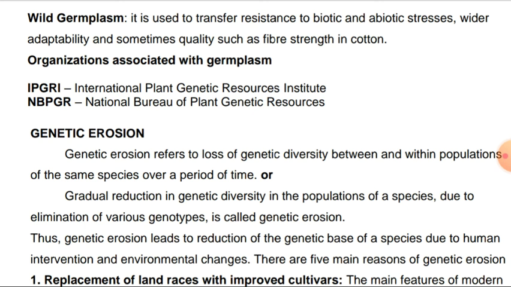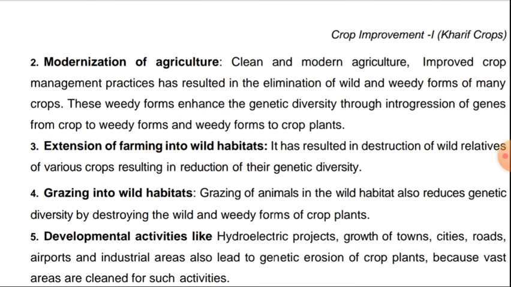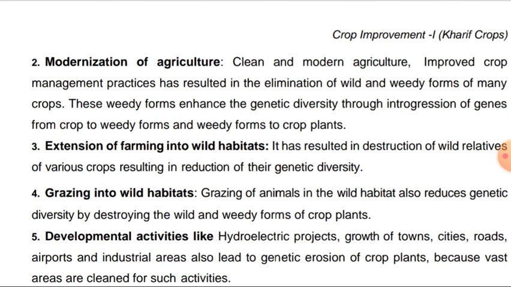The land races have wider adaptability and a broad genetic base, and are utilized in breeding programs. Once we utilize those characters from land races, the land races start reducing, and genetic erosion may occur.